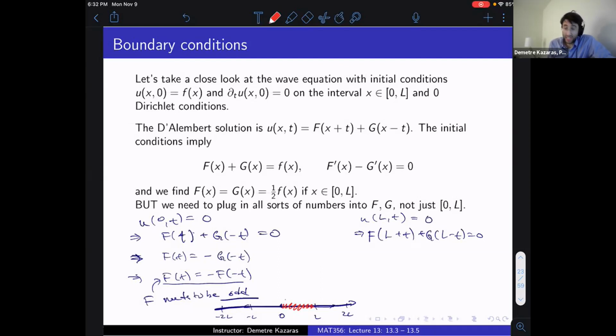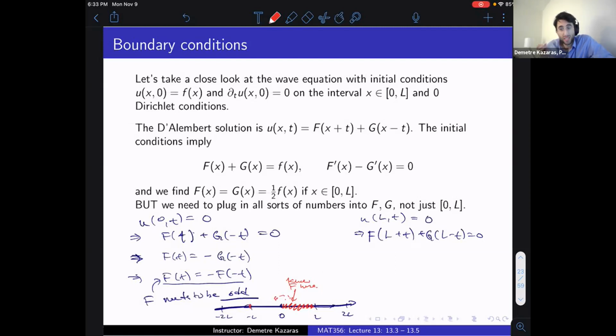Now we also know that it needs to be odd. So we know f here, and then we just need to make an odd extension of it. But we know this function is going to be defined for all numbers eventually, so we also want to know what's going on for all numbers.